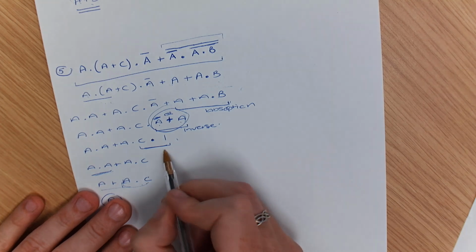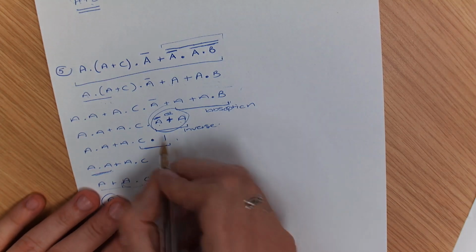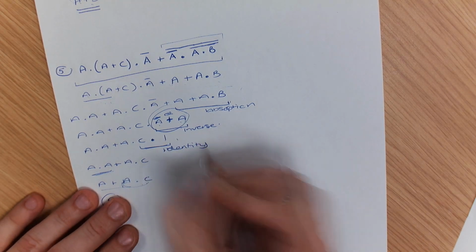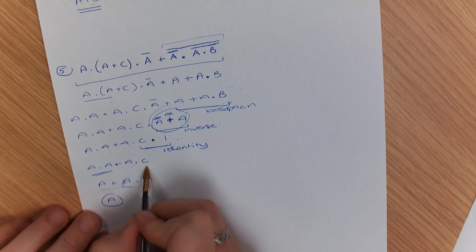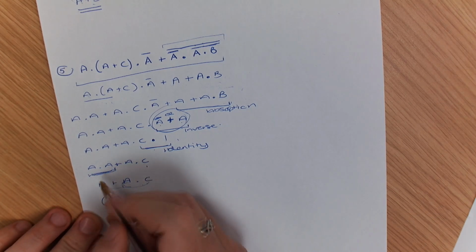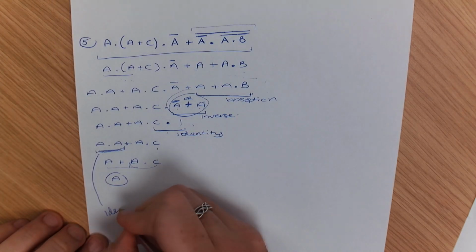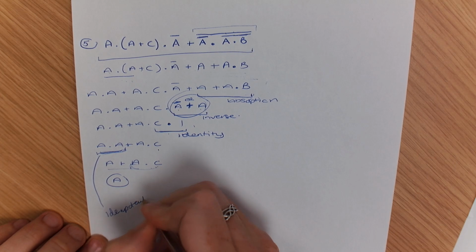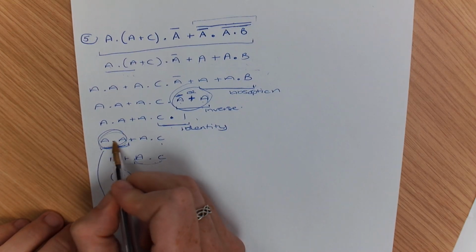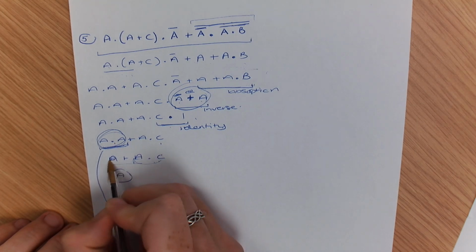Then when you got C and 1, that is the identity law, which became C. What I did over here again is I've got, this one is the idempotent law, when you've got two of the same symbols and you use an AND, it becomes just the one.